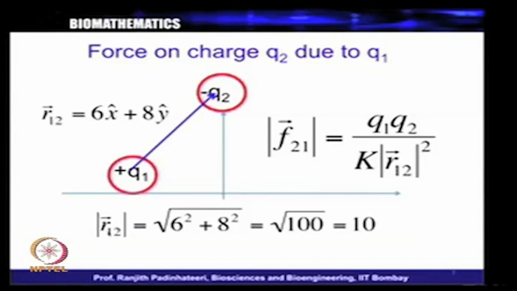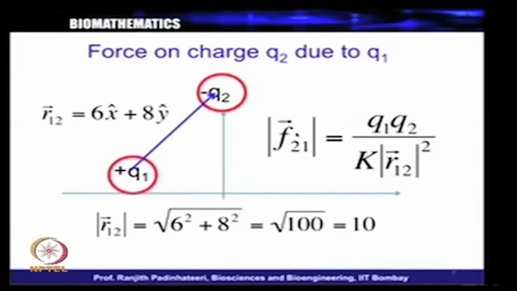So, mod r12 is equal to root of 6 squared plus 8 squared. 6 squared is 36, 8 squared is 64. So, 36 plus 64 is 100. The square root of 100 is 10. So, mod r12 is 10.